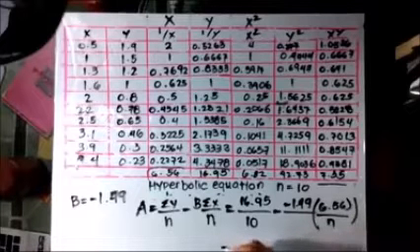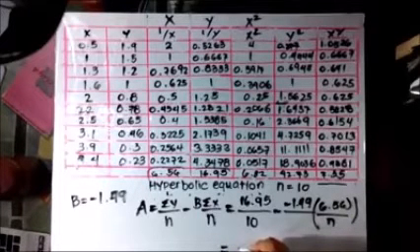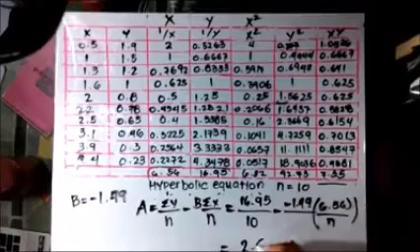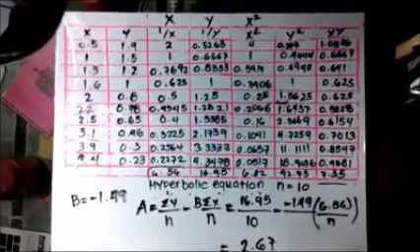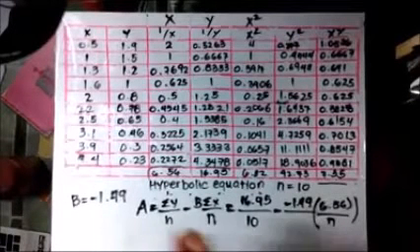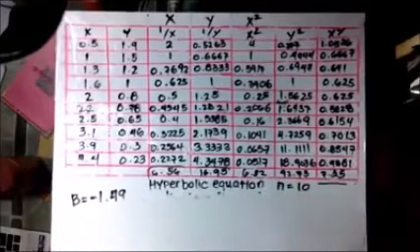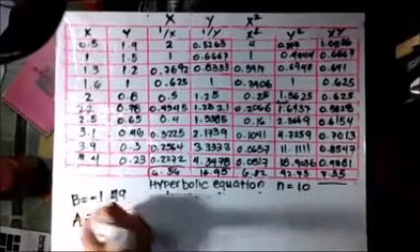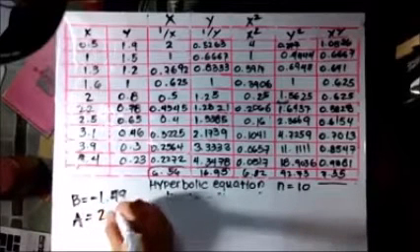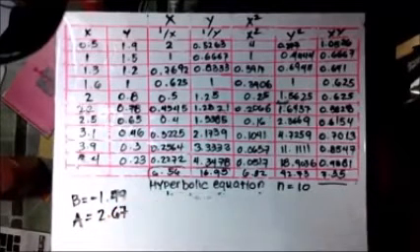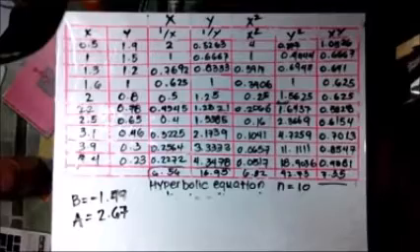We can get the value of a, which is equal to 2.67. Then a is equal to 2.67.